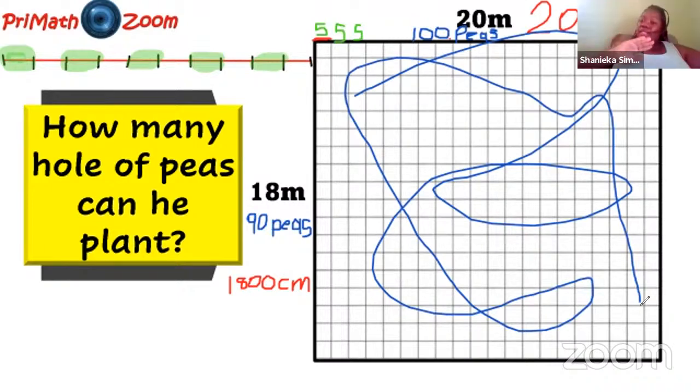Right, Marisol. So 360 square meters, not just 360. We have to talk about the units. It's 360 meters squared. I multiplied 360 meters squared by 5 and I got 1,800. All right. So remember now that we're talking about the peas using centimeters now, because we have to.